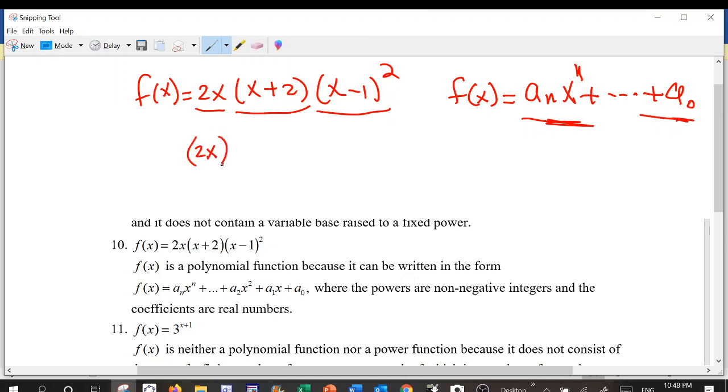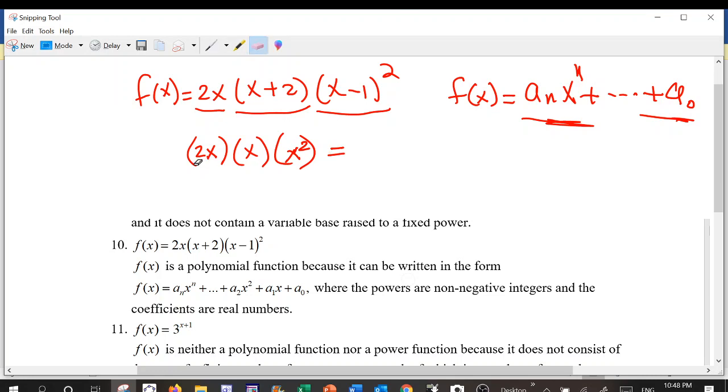You can also call this a power function, right? Because it's by itself. But when you multiply, this is a polynomial. f of x is not just that, right? So this is not a power function, it's a polynomial. So the leading term of this polynomial is x, and the leading term of this polynomial is x squared.